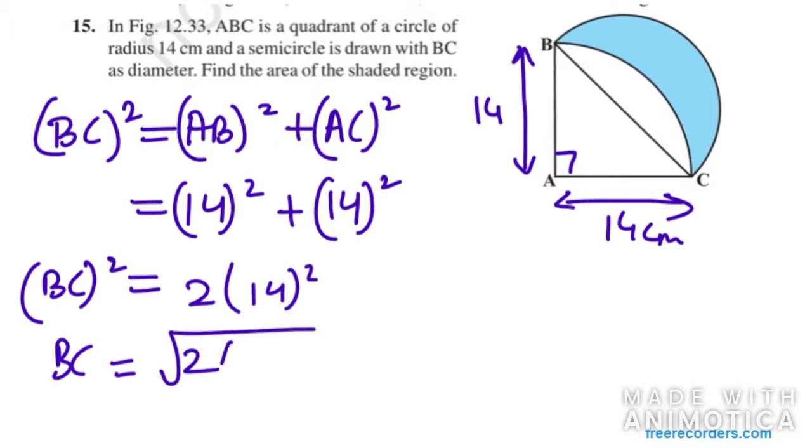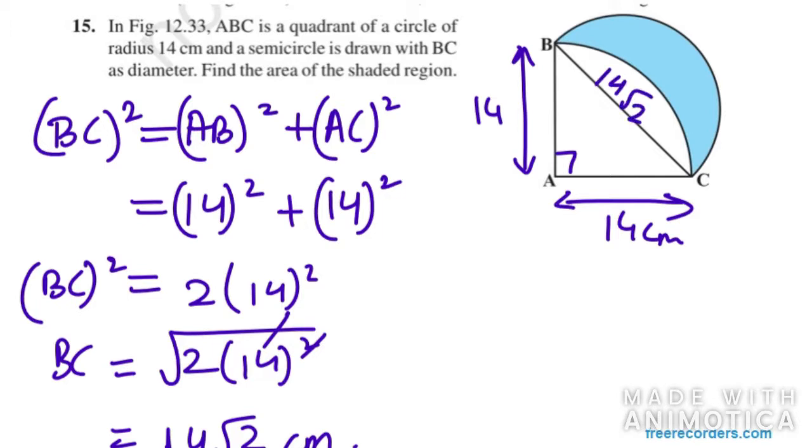So under root 2 into 14 square. So square and under root get cancelled out. So it will be 14 under root 2 centimeter. So my BC, that is the diameter of the semicircle, is 14 under root 2 centimeter. Now, first of all, we need to find the area of the quadrant, this part.